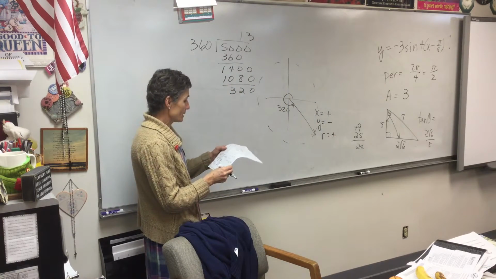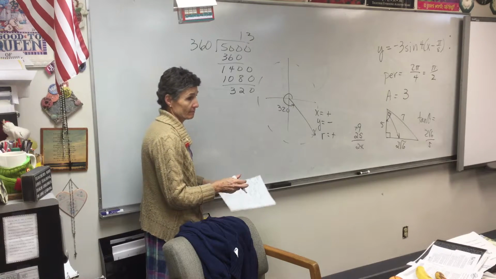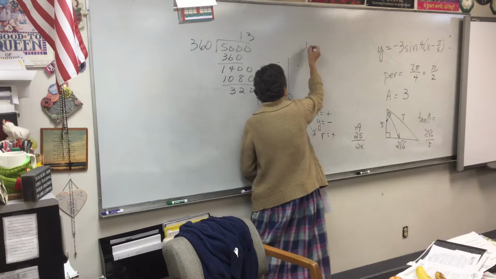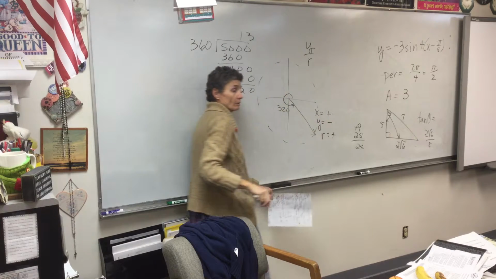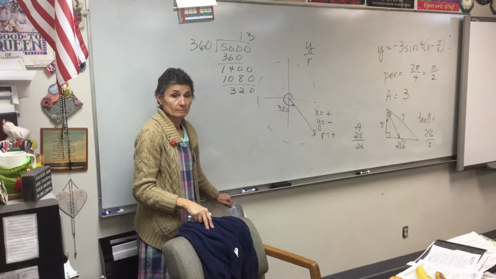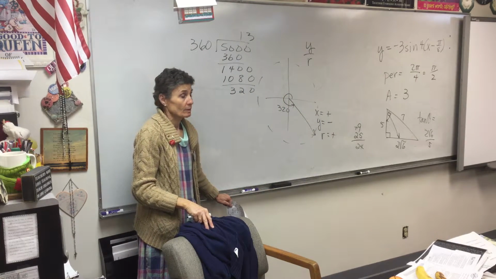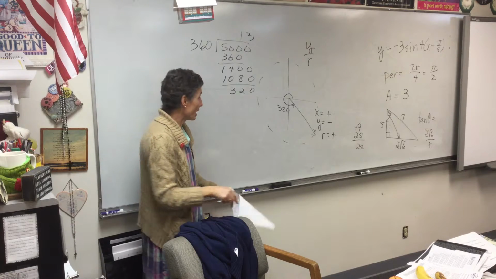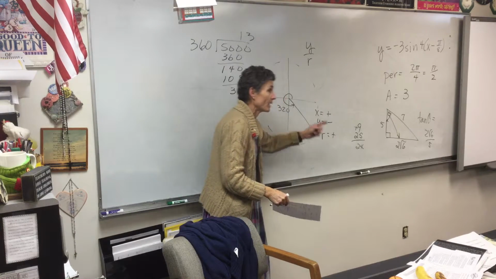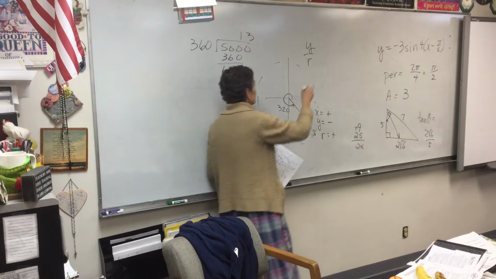Now the question is sine. Sine is y over r. That's the definition. So y over r is going to be what kind of a number? Negative.